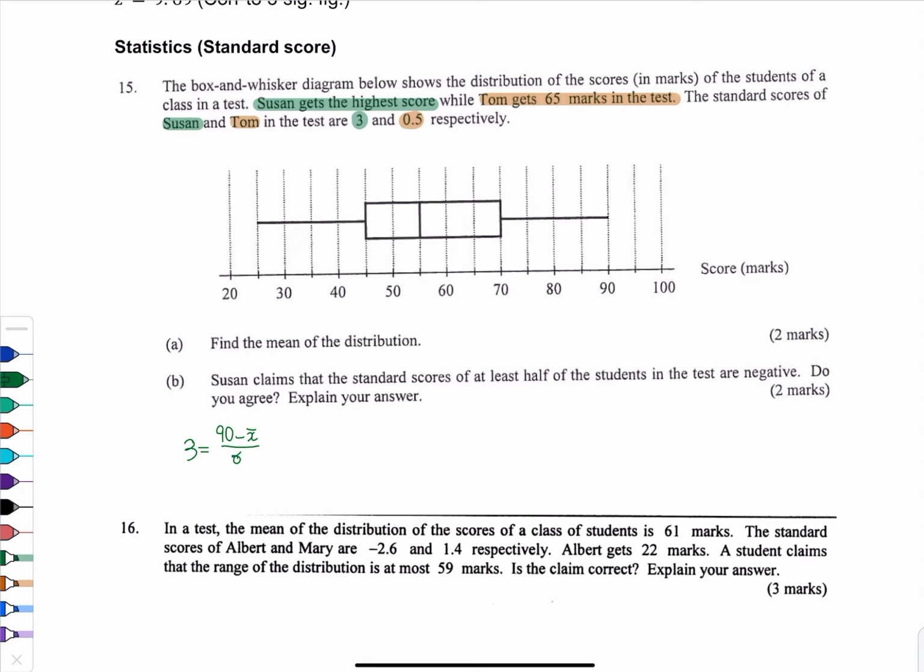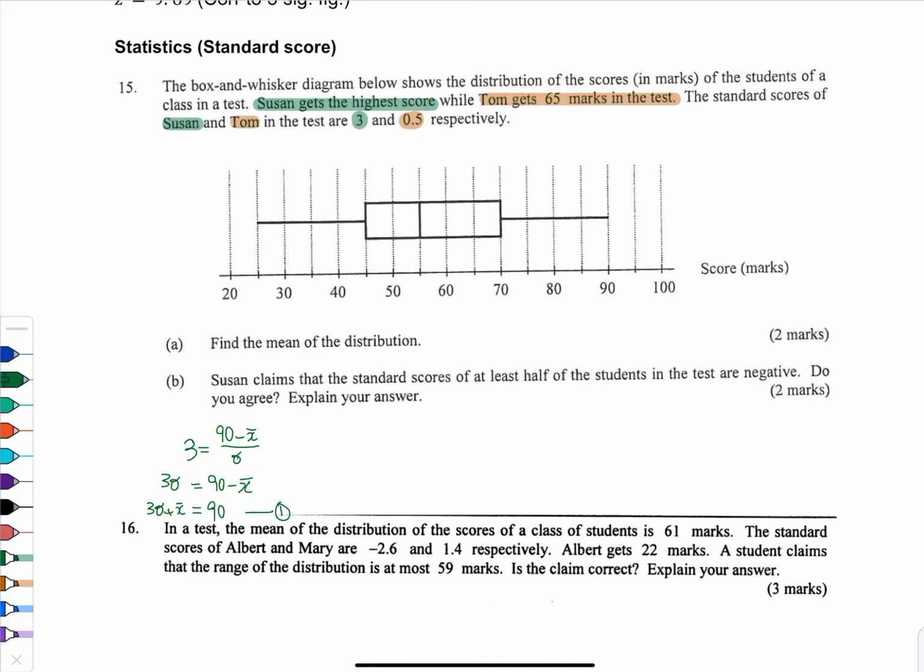So replace it by sigma. Because there are too many fractions, let's put unknowns on one side, numbers on the other side. So sigma is divided here; if you go to the other side, it will be multiplied. And then the mean here is minus, so if you go to the other side, it will be plus. And that's your first equation.